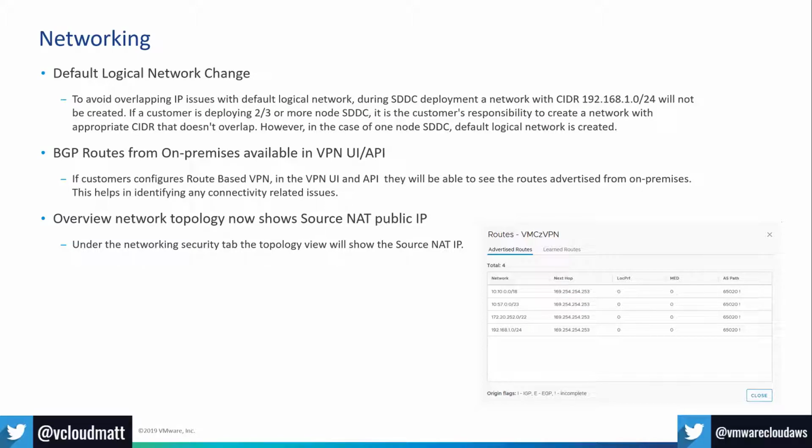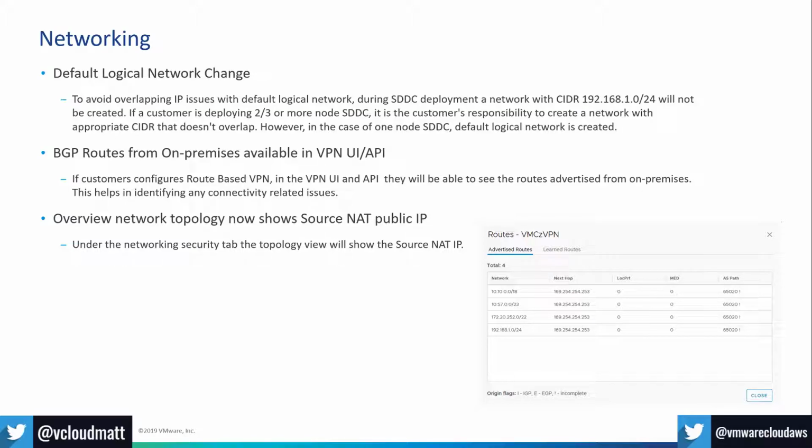This is really handy for network admins to be able to see which routes are advertised, because we automatically advertise everything that you create in your network stack at your SDDC. And if somebody's having some issues with some traffic maybe going weird, they can look in here and say, hey, that 192.168.1, that's bumping into my on-prem range. I didn't know you guys had made that out there in the cloud.